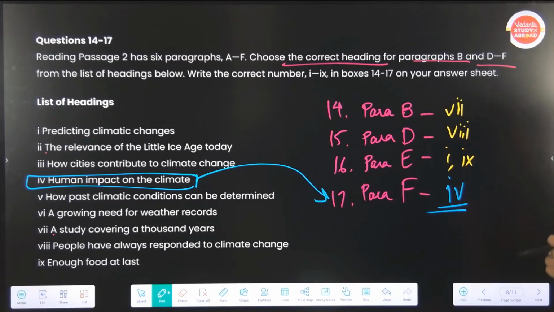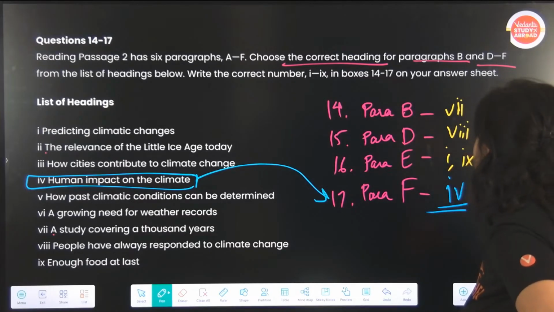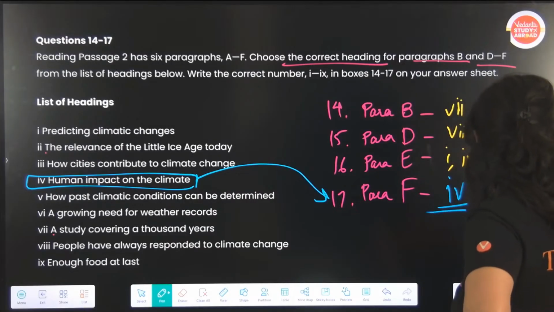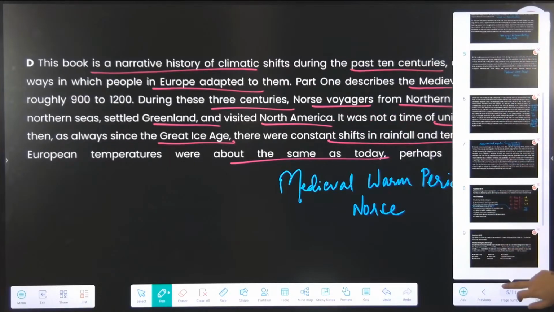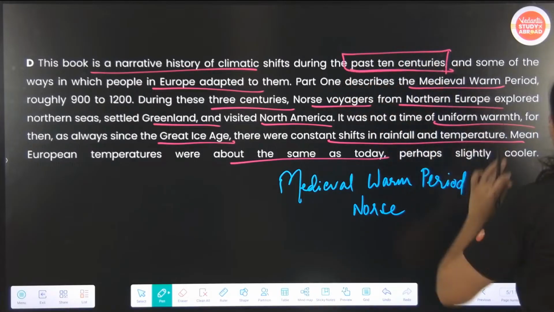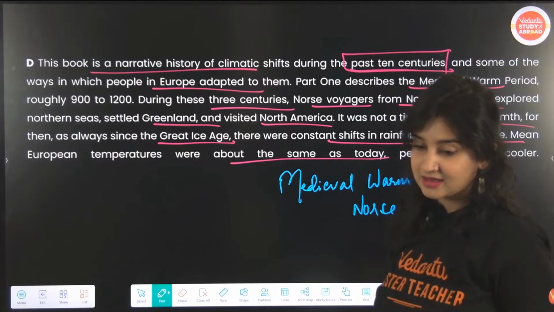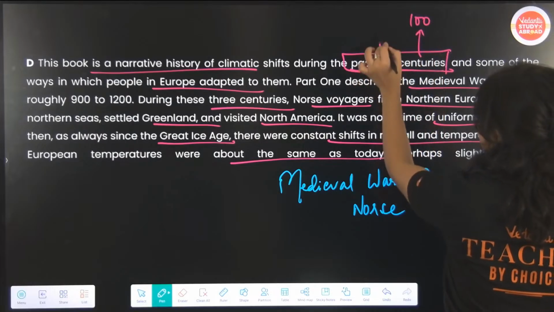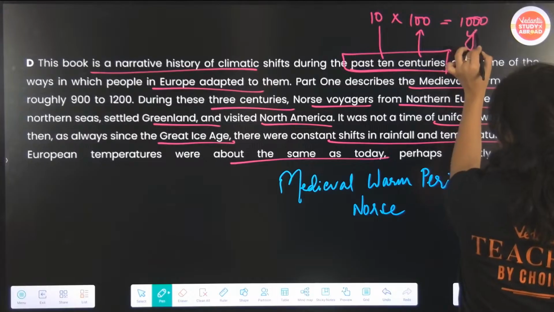Seven, a study covering 1,000 years. This gives it away, right?